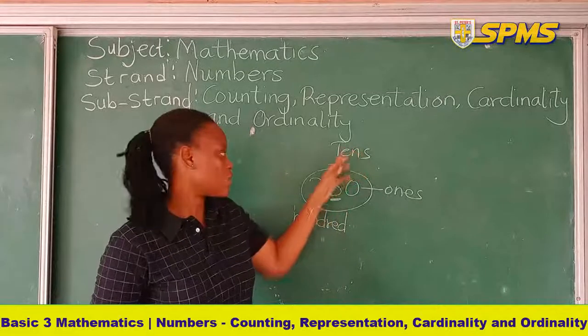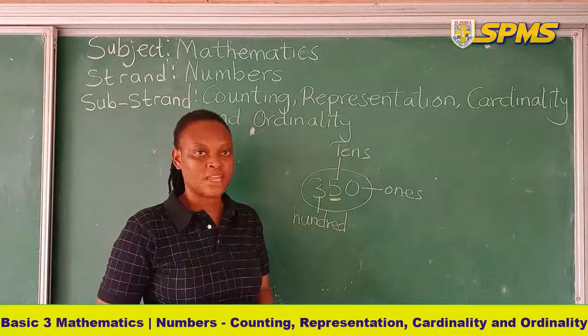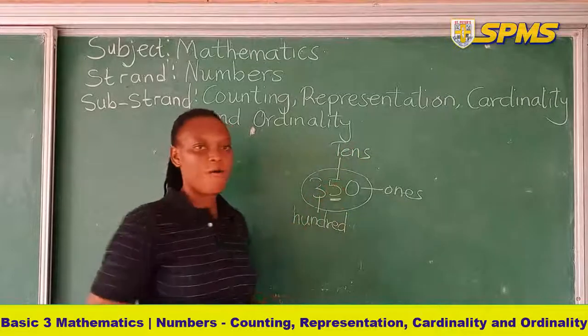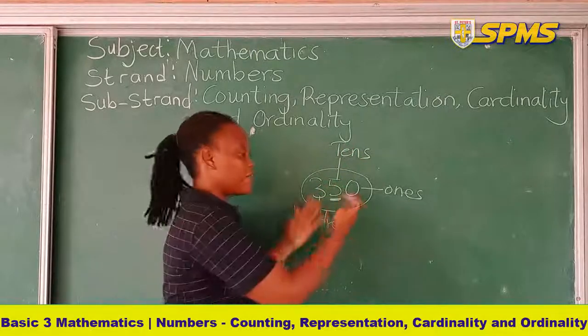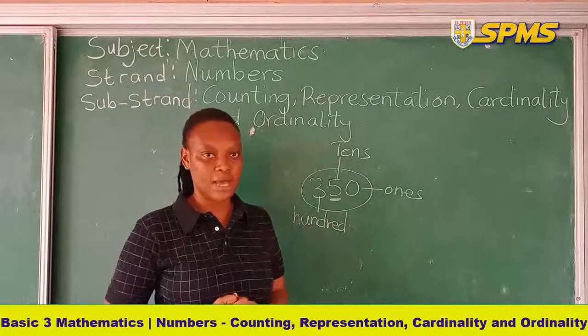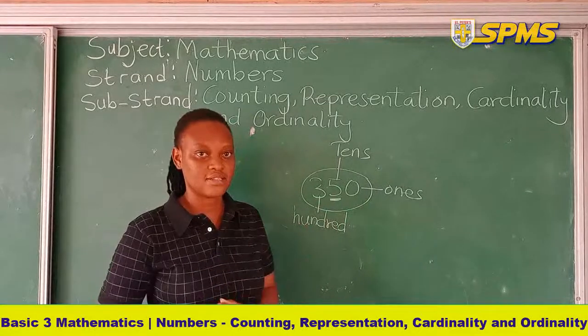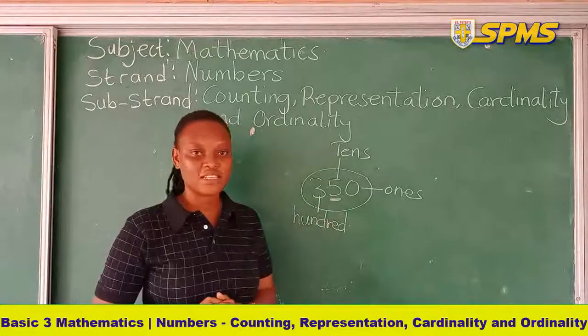Tens, because it is located in the tens column. And then the value of 5 is what? 50, because we are dealing with two numbers when it comes to tens. I hope that is clear.